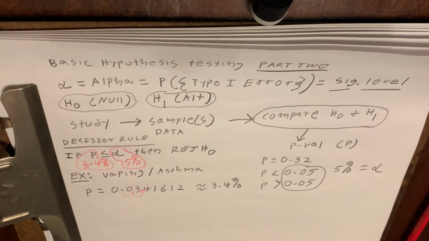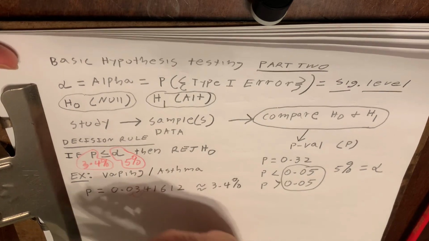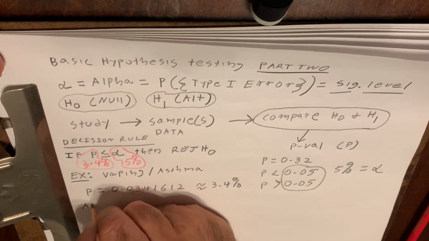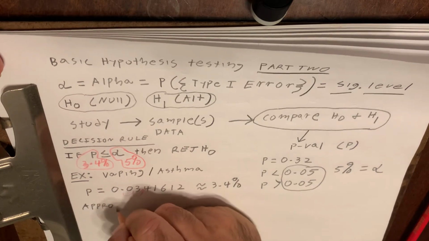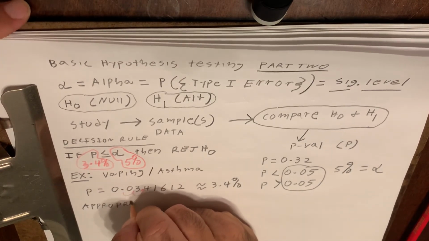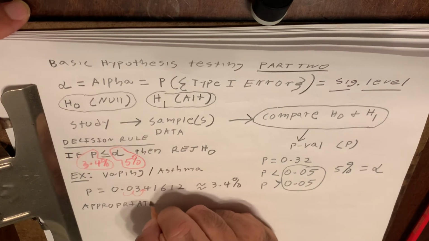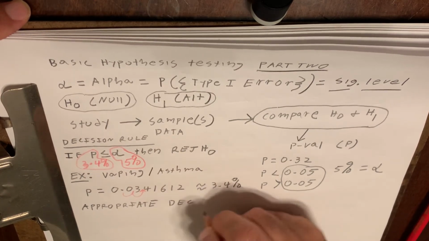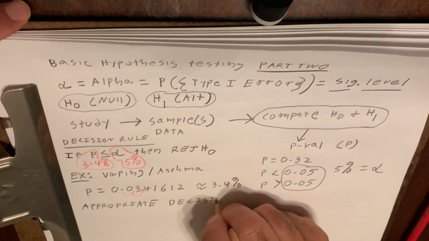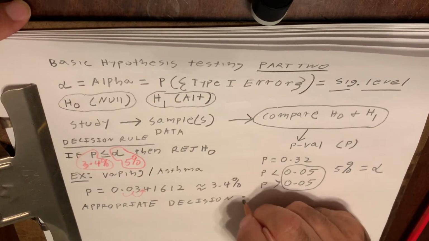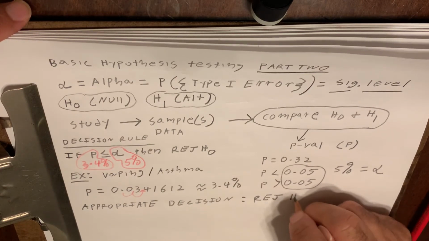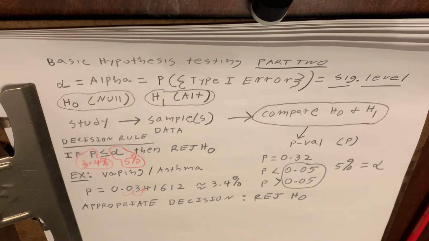Therefore, the decision, and really this is what might be better called the appropriate decision, the appropriate decision is to reject the null hypothesis.